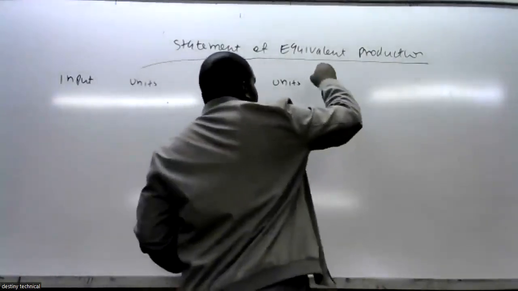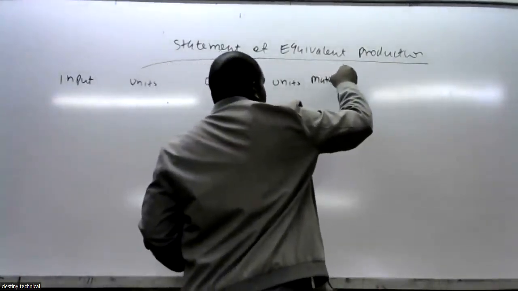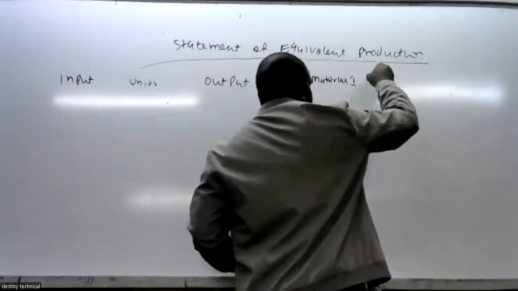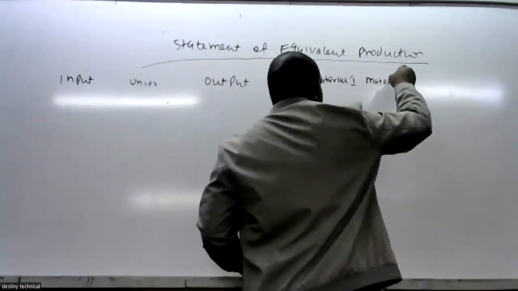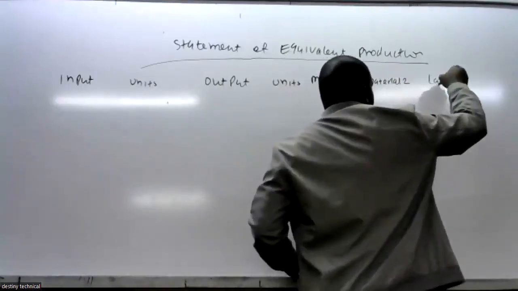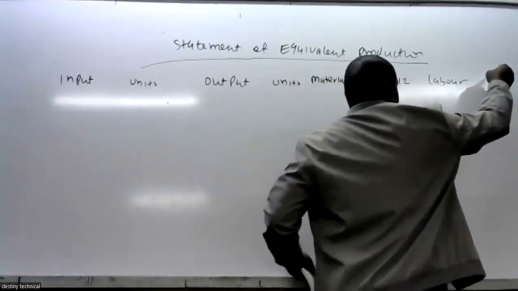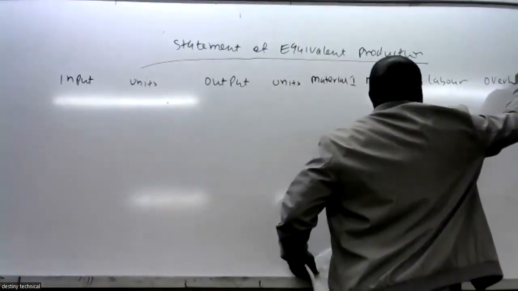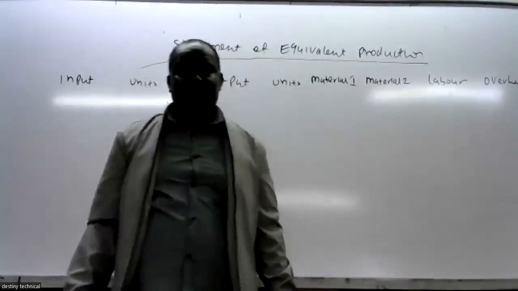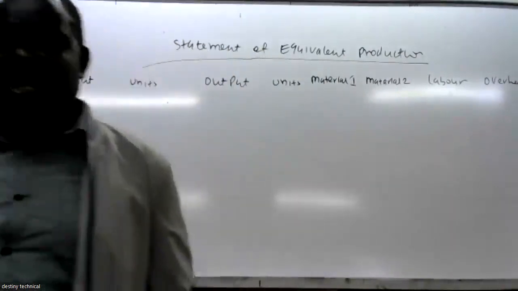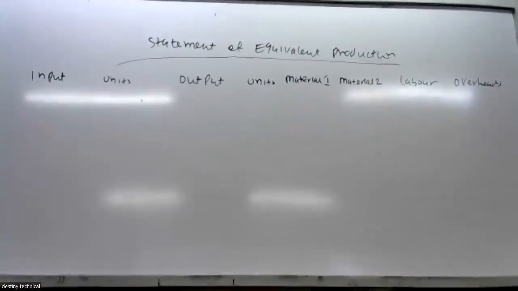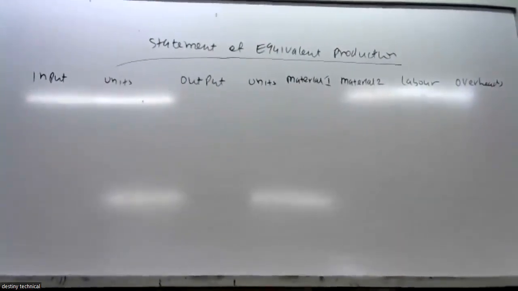So we shall be having material one, material two, labor, and also the overheads. The question had two types of materials, the ones that were brought in and also the ones that were added.